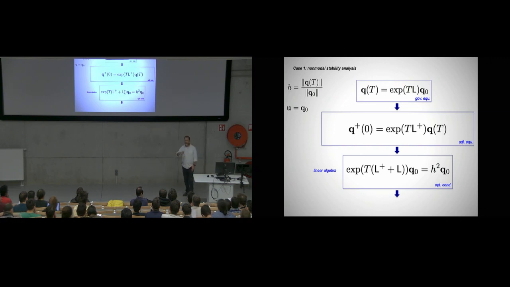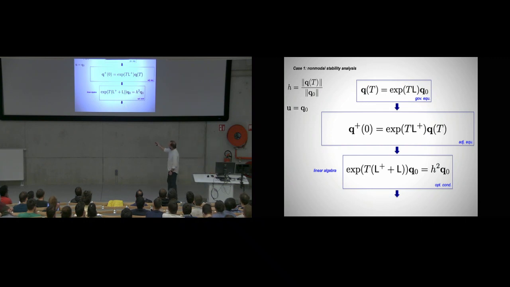You stick one on top of each other, you go one round trip. So you start at 0, the L takes you to t, the L plus back to 0. These two together are one round trip from 0 back to 0. Okay? So that's the combined mapping of one round trip. And what you do here is you write down an eigenvalue expression, and what that adjoint looping, this going around and around and around, is doing, is basically a power iteration on that eigenvalue problem. That's all there is. Okay?